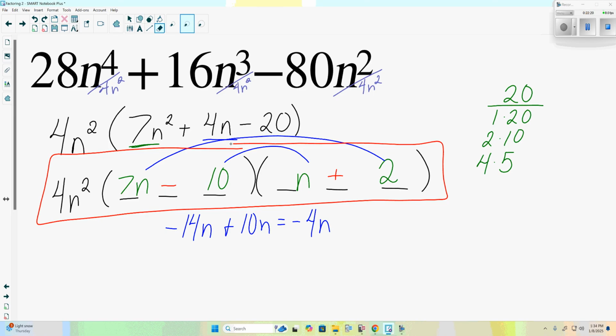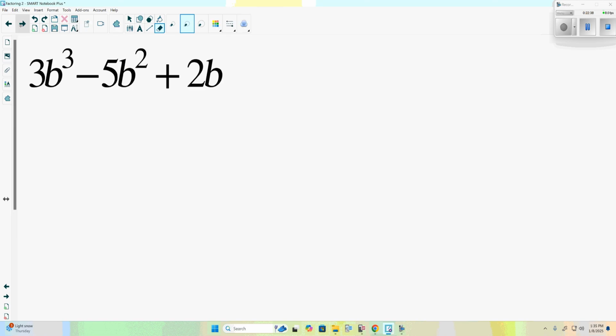So we're still able to factor, we just had to pull out that greatest common factor to get there. Questions on this here? All right, guys, we're going to do this one and one more.